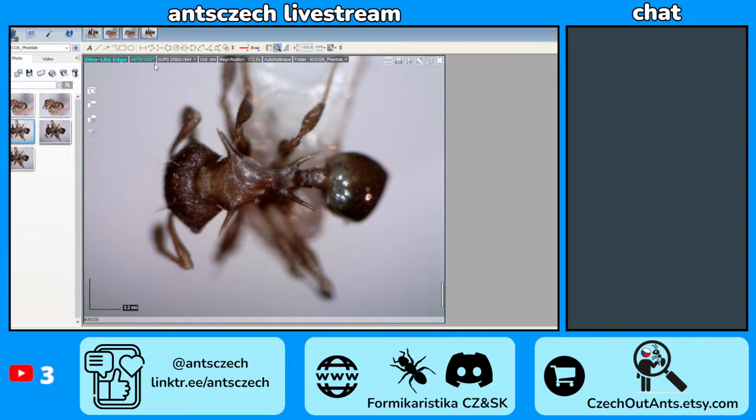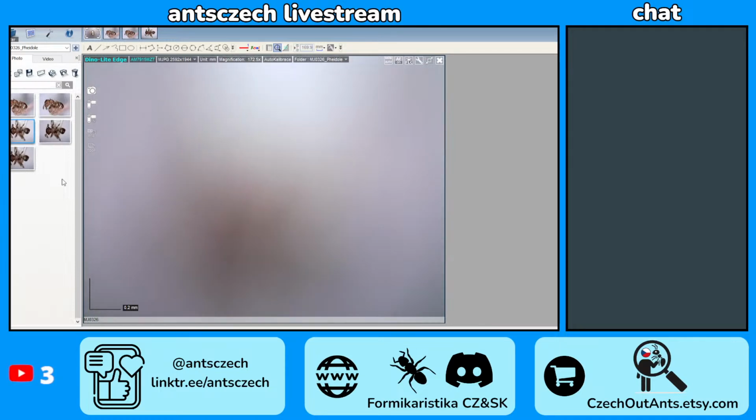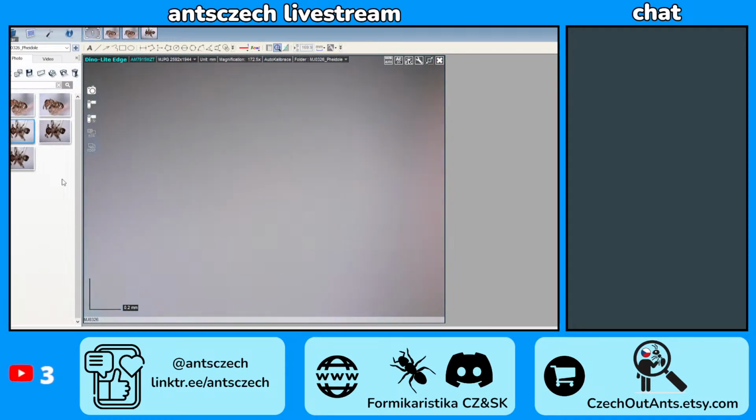Those are my specimens, but I wanted to take pictures of them to identify them, and after that I will continue taking pictures to measure the Odontomachus for my bachelor's.